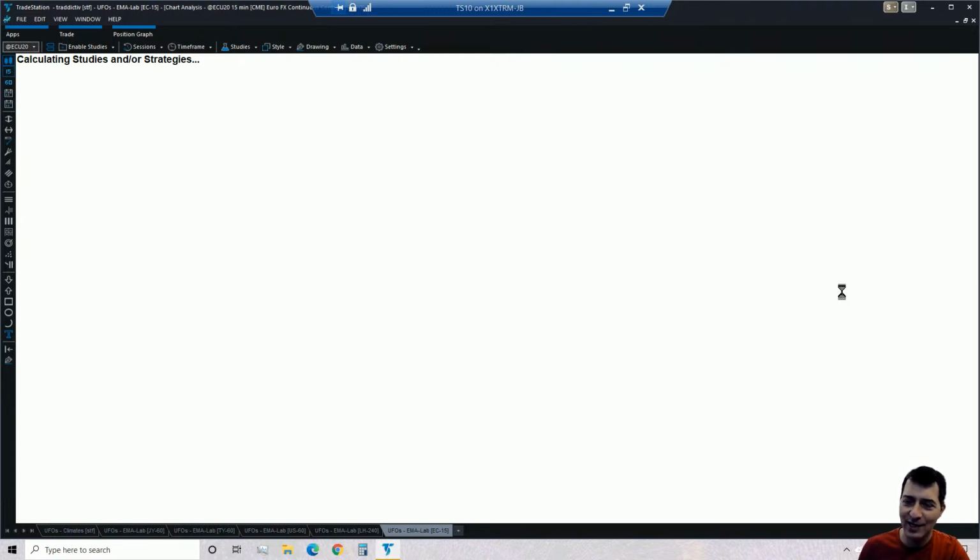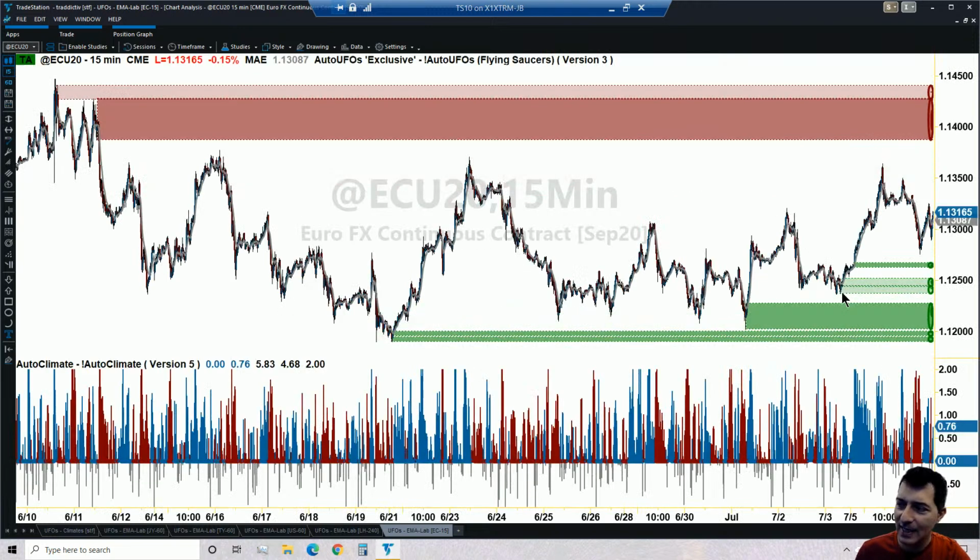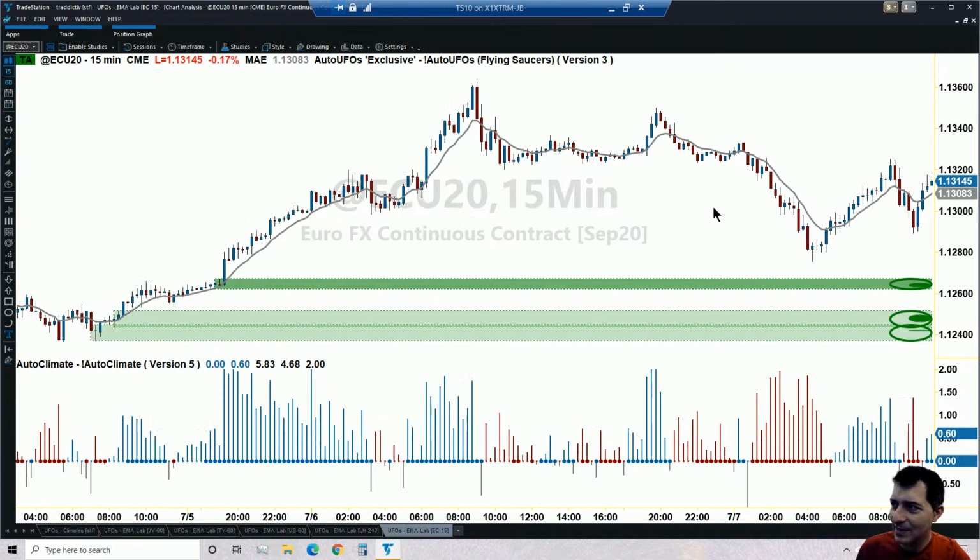Right now I have added data and TradeStation is processing AutoClimate and AutoUFO all together in a virtual machine, and it is running a bit slow. One way to speed up the process, if you have a slower computer or use a virtual machine, would be to turn off AutoClimate, which I don't need now, only process AutoUFO, and then switch it back again. That would certainly make everything faster. But anyway, it's done.